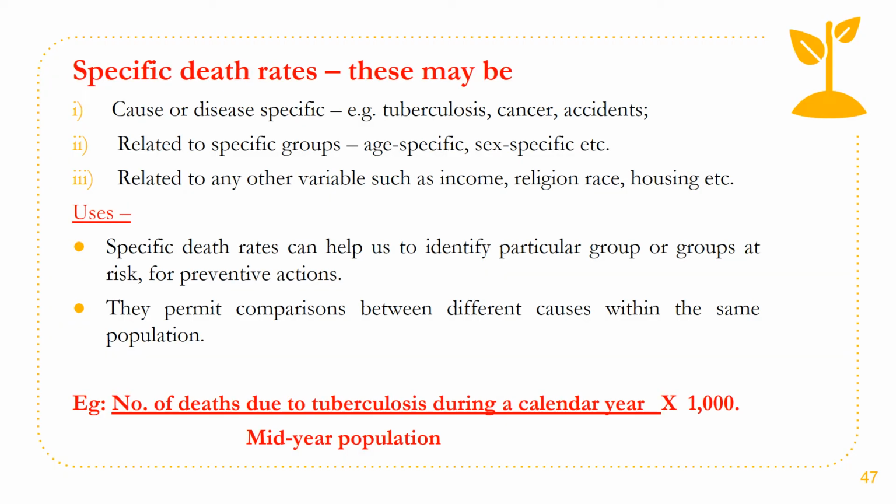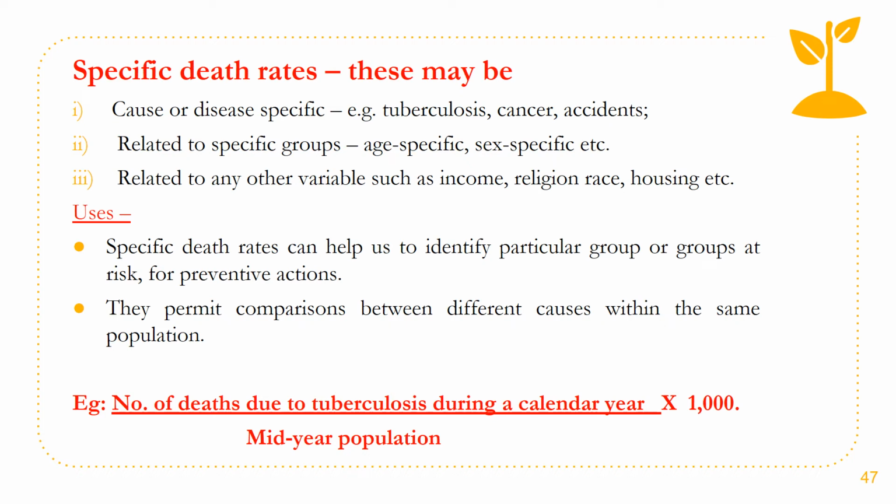The specific death rates are like cause or disease specific, such as the number of people dying of tuberculosis, or of cancer. So specific to a particular disease. Then related to specific groups, related to other variables such as income, religion, race. So we expect specific rates.